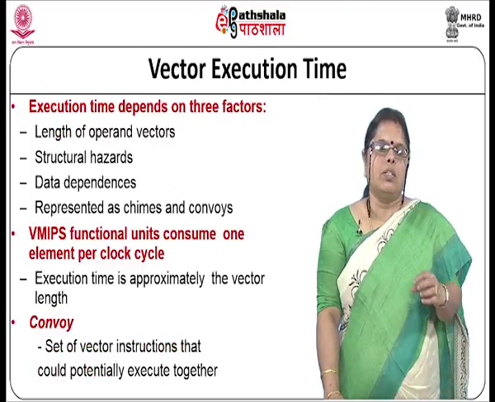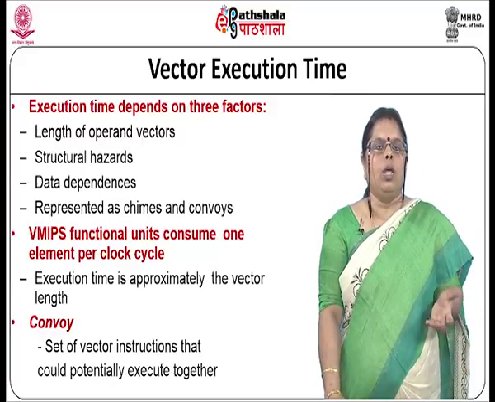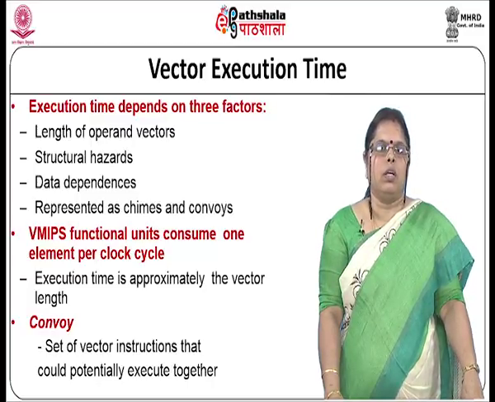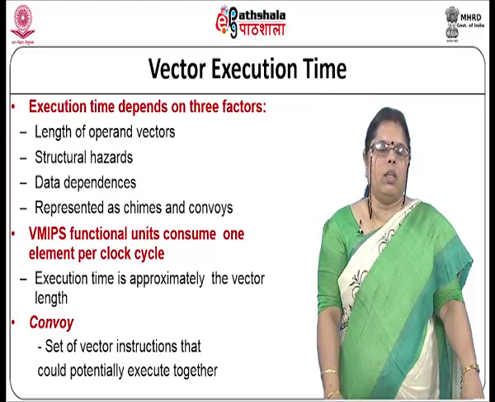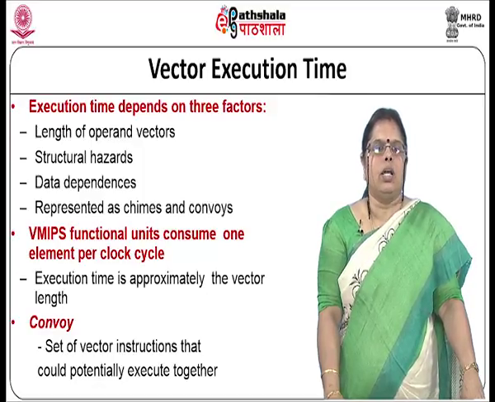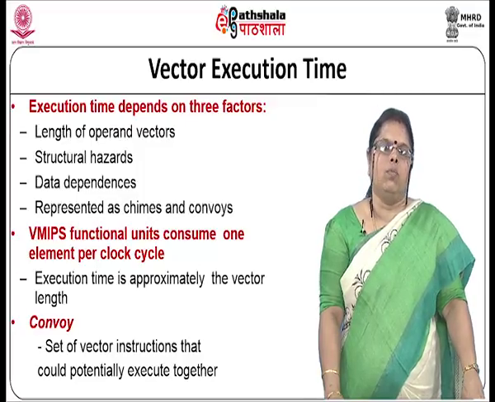Having discussed the basics of what a vector architecture looks like, we will get into the vector execution time. Vector execution time depends on 3 factors: the length of the operand vectors, whether there are any structural hazards, and whether there are any data dependencies. The execution time is normally defined in terms of chimes and convoys.